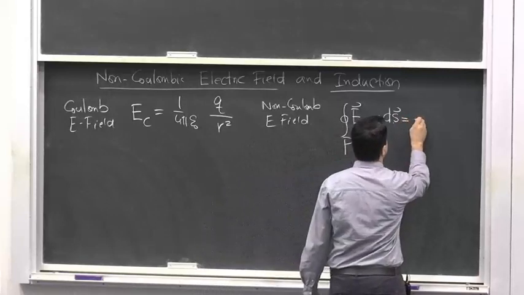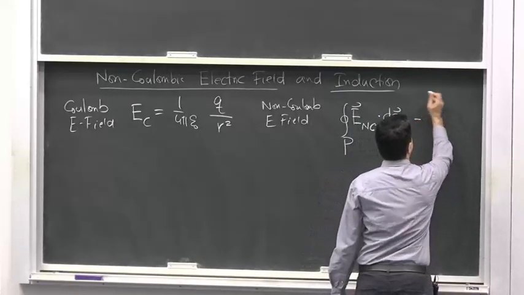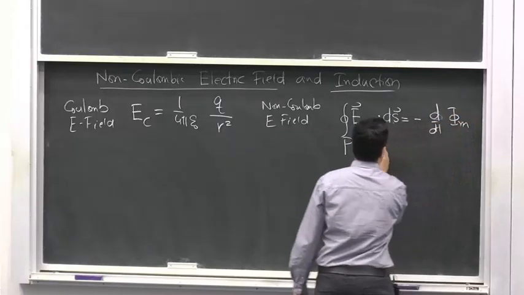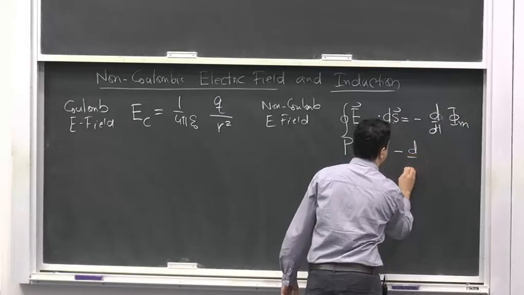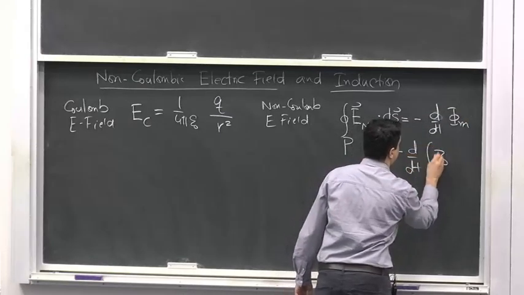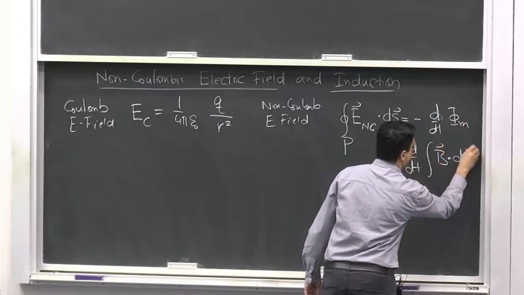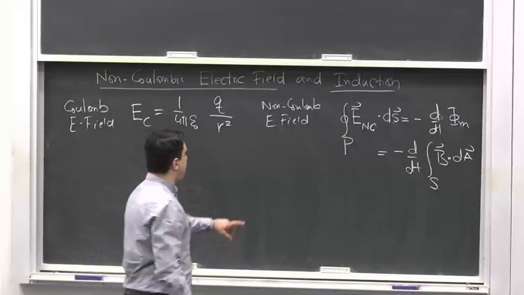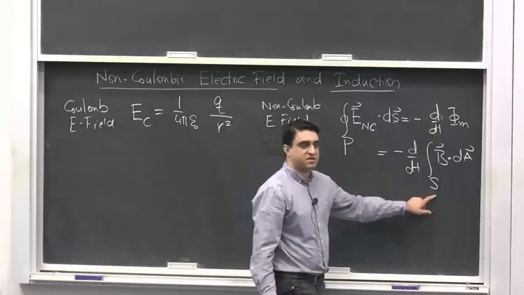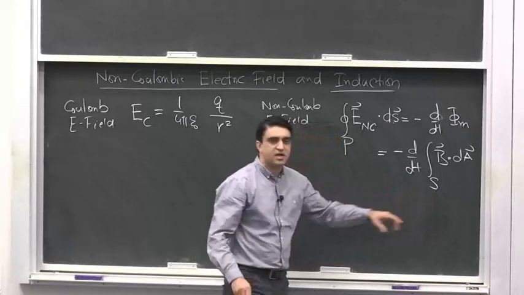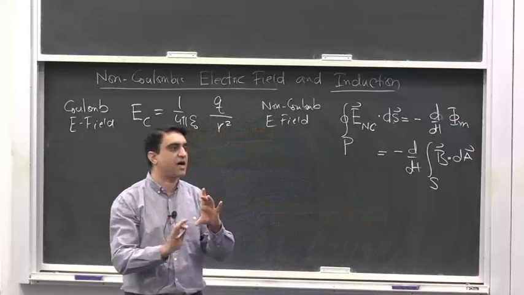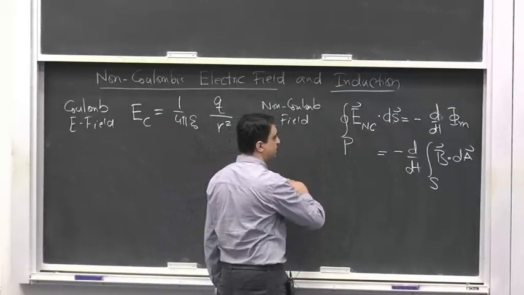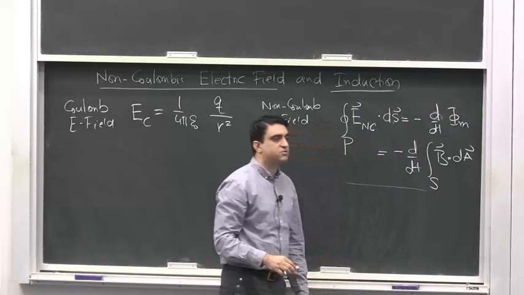And this thing is equal to the change in the magnetic flux over a surface S. So you have a path here and you have a surface here. This surface is the area enclosed by that path. I would not go into the detail of this, but this is what we introduced last time.